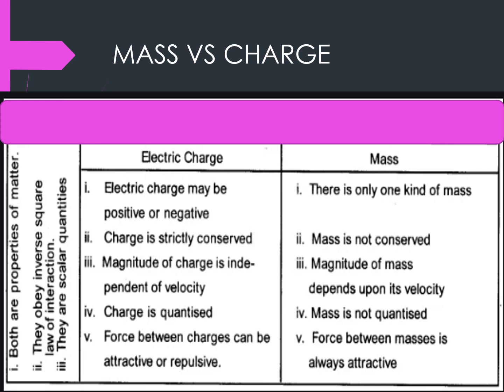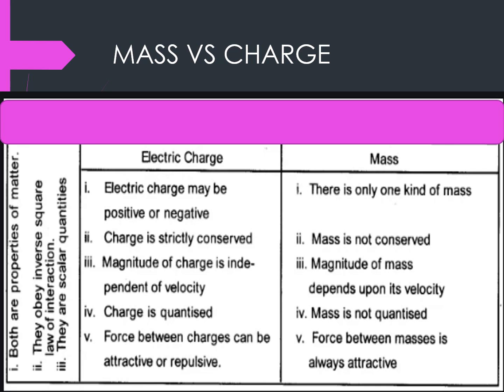But mass varies with velocity. Mass varies with velocity by the equation m is equal to m naught divided by root over 1 minus v square by c square, which is from the relativistic theory, where m is the relativistic mass, m0 is the rest mass, v is the velocity of the object, and c is the velocity of light.